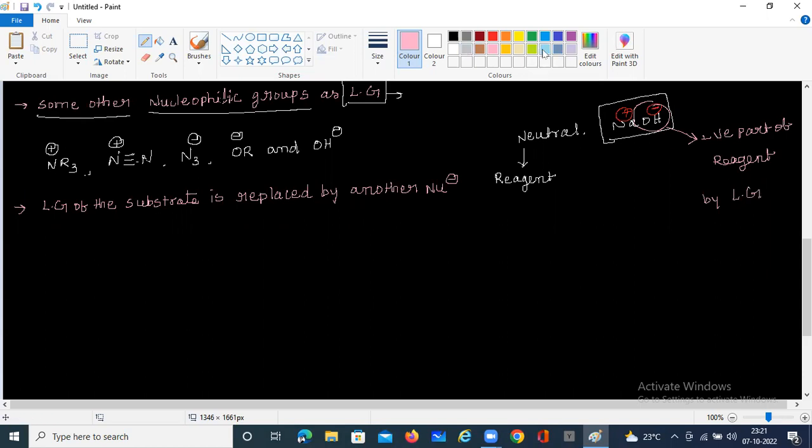See how, I will show you by one example. RL means the reactant, any alkyl group or something. L here stands for the leaving group.